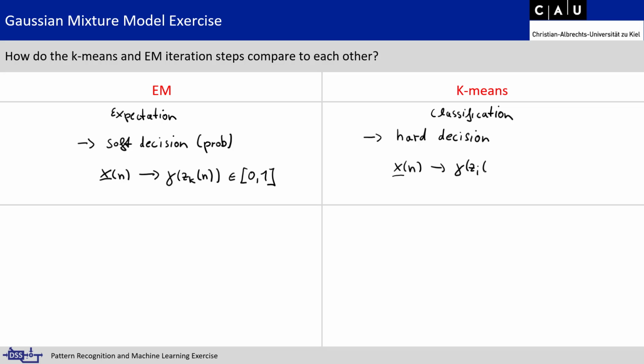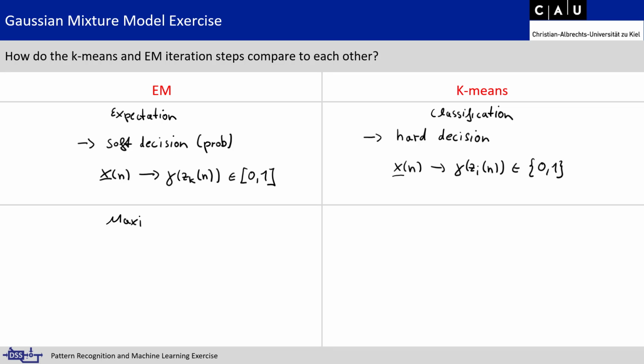This wasn't defined in the lecture, but it has the same meaning as zk, but because we used i with codebooks, I'm using zi here. And if I then say this can't lie between 0 and 1, but it can take either 0 or 1, then this shows us the difference between expectation and classification, so between soft decision and hard decision.